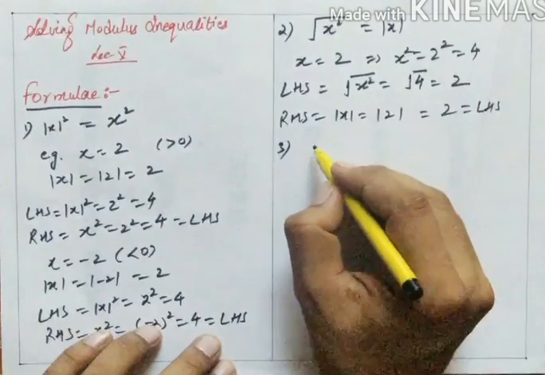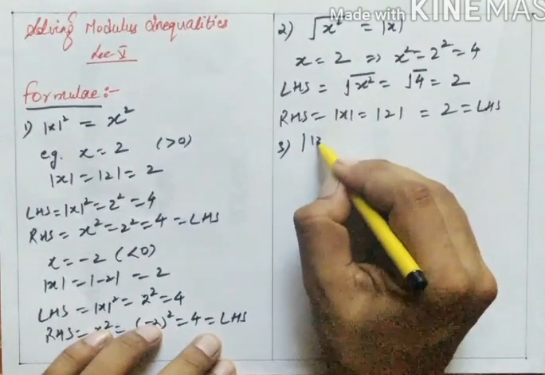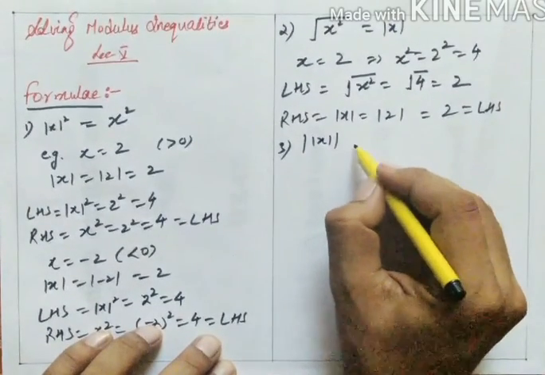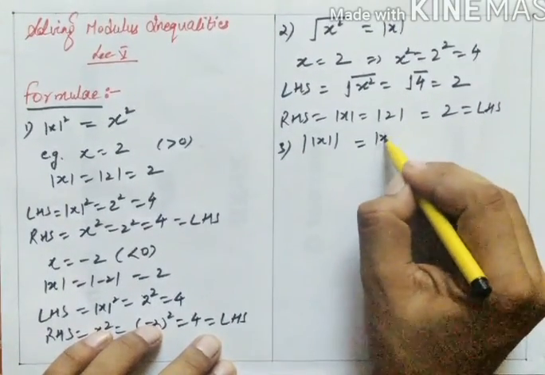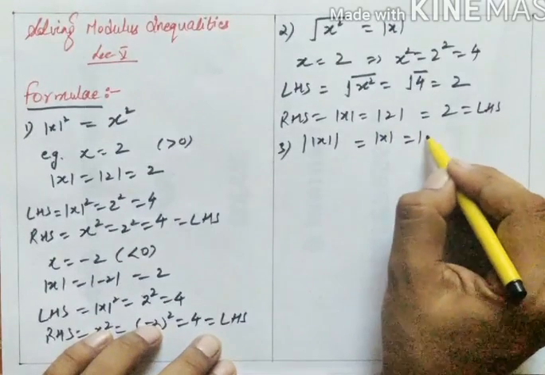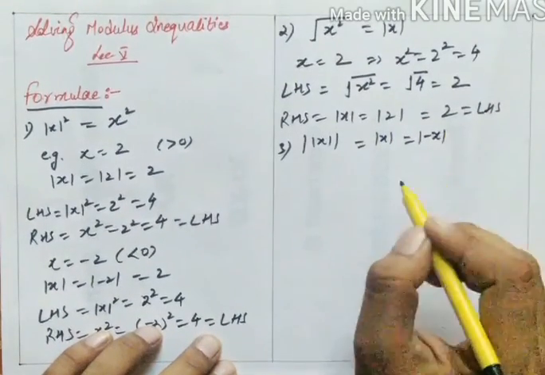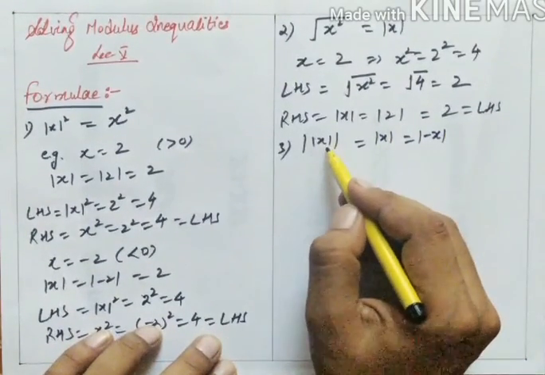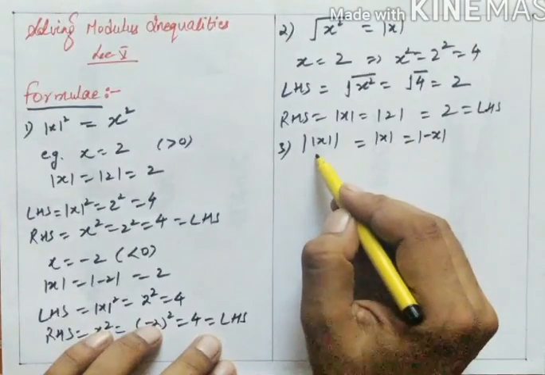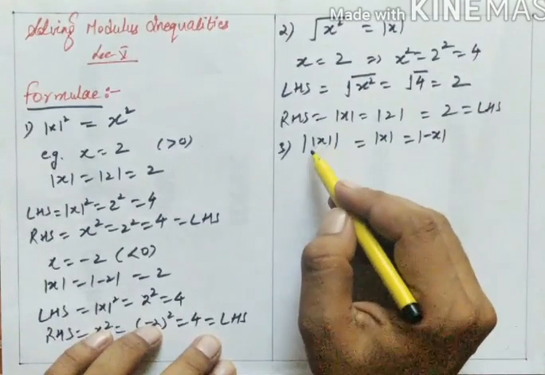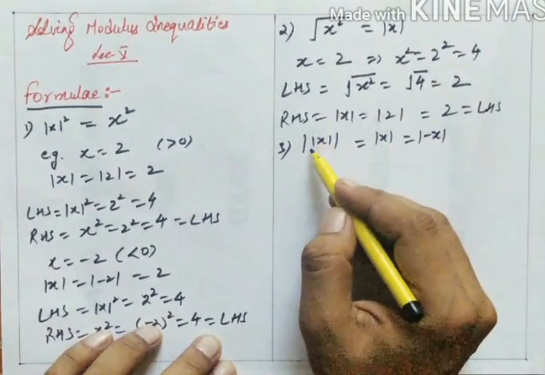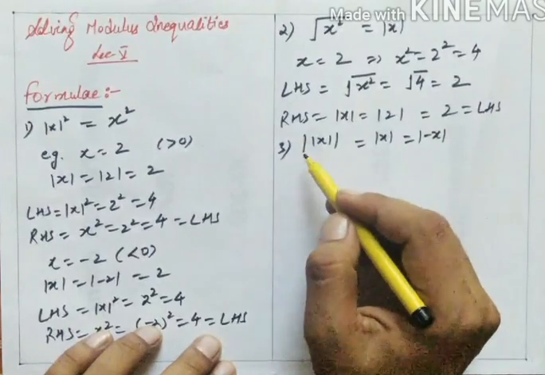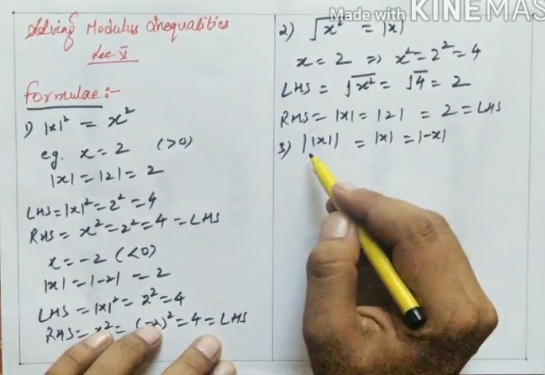The third one says mod of mod of x is equal to mod of x, which is equal to mod of minus x. Now inside the mod, the innermost mod on the left hand side, it is written as mod of x. The mod of x in itself is a positive number. So if we take a mod of positive number, the positive number will be emitted out as it is.